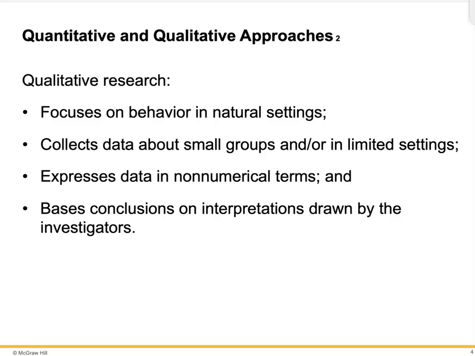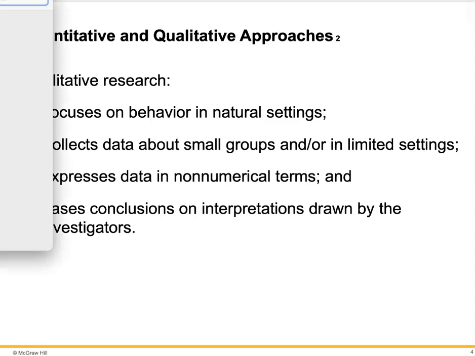Now, qualitative research, on the other hand, really focuses on behavior in natural settings, taking a look at how people behave in their regular environment. It collects data about smaller groups, and it typically happens in limited settings. It expresses data in non-numerical terms, such as personal accounts.